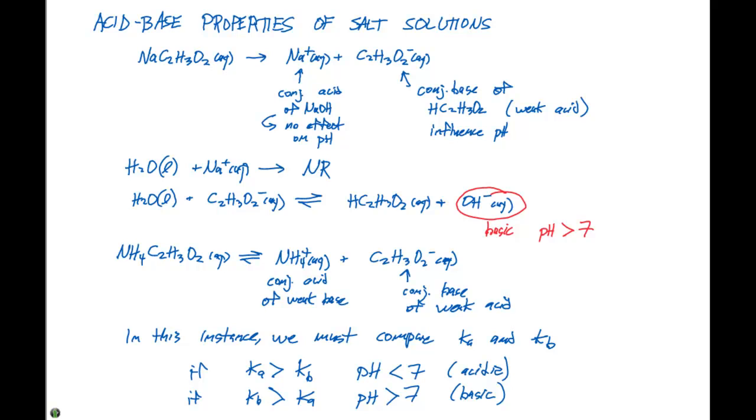If the Ka is greater than the Kb, the pH is going to be less than 7 and the solution is going to be acidic. But if the Kb is greater than the Ka, the pH is going to be greater than 7 and our solution is going to be basic. So this is how you would use some general rules of thumb to determine whether or not a salt solution will be acidic, basic, or neutral.